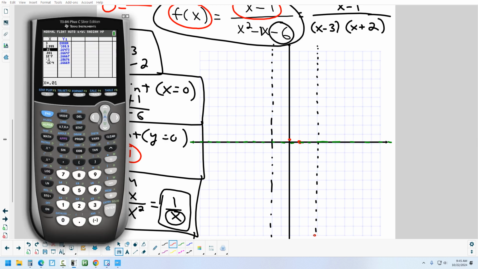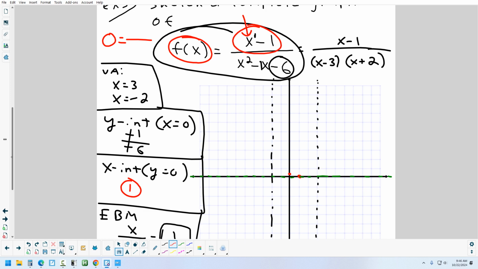Let's check just after the number 3. What would be a number that's just a little bigger than 3? 3.001. We're at 4,000. So we're heading to what? Infinity. On that side, we're heading to infinity. So just put a dot as high as you can. Right.